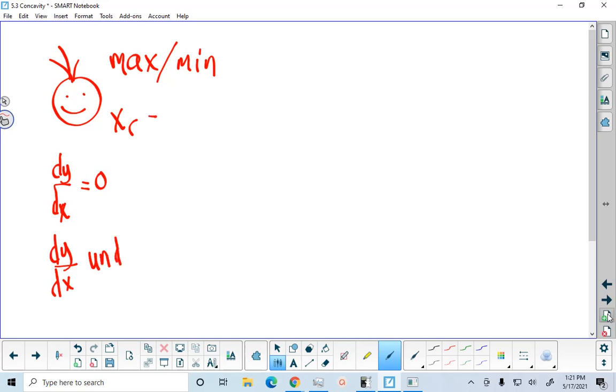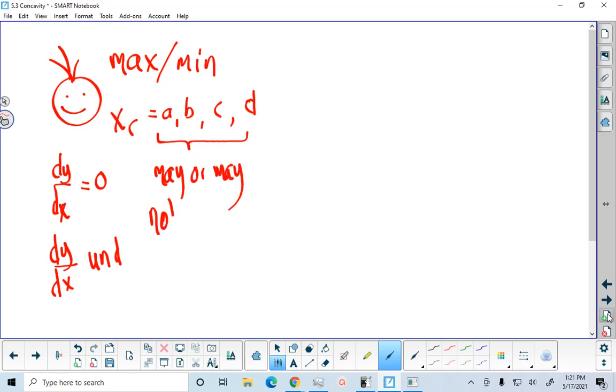But all of these values that are critical for the first derivative may or may not be max-mins.